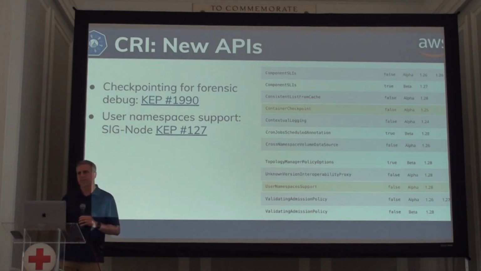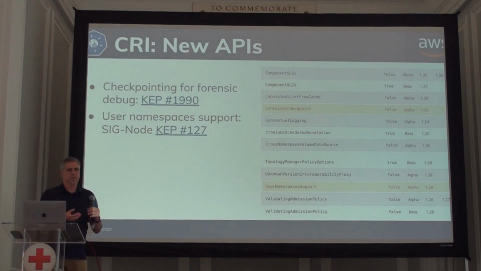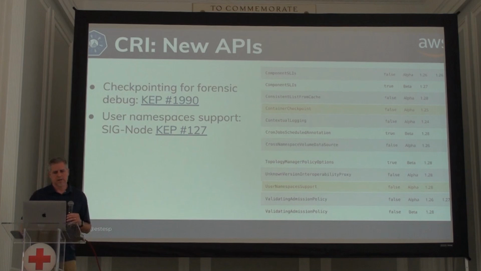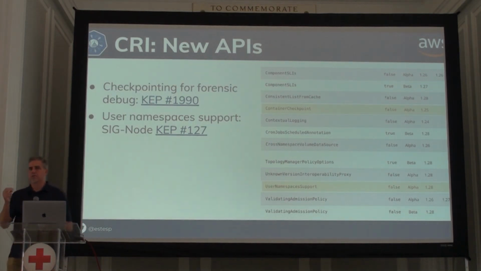The checkpointing one was especially difficult because the initial idea was to allow checkpoint restore in general in Kubernetes, which has lots of interesting challenges if you've ever tried to think about doing live restore or moving to a separate node and restoring network connections and changing IP addresses. So this one was actually scaled down to just be checkpointing, so I can do some forensic debug on a container. And that's what ended up being added.